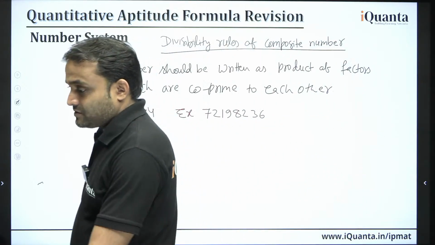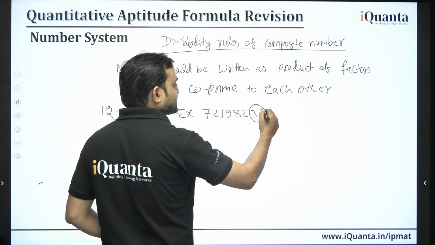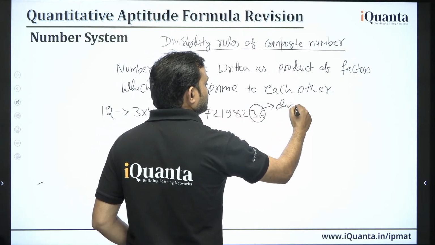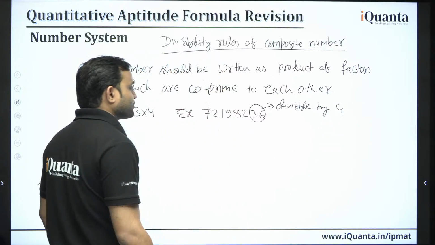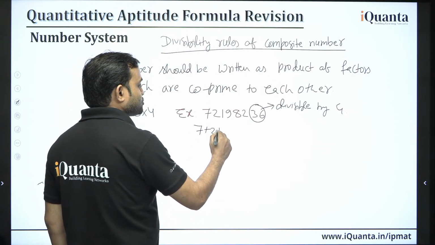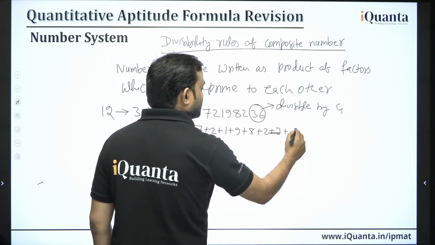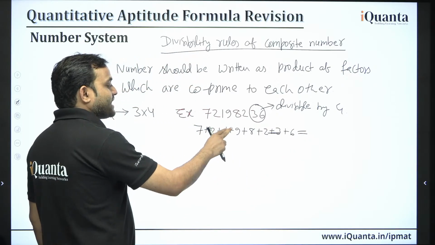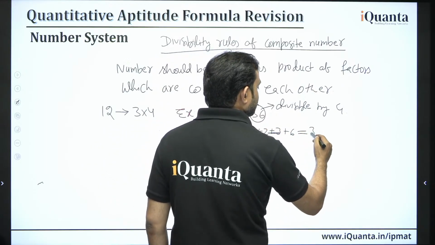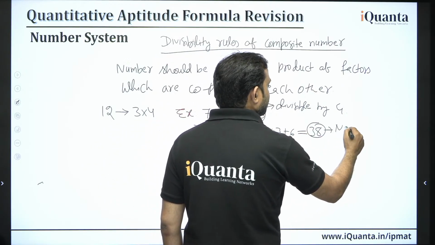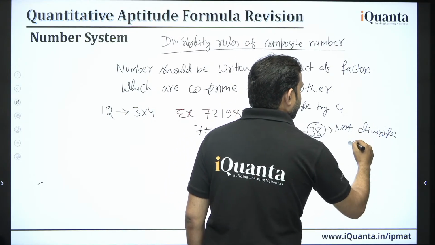No, it's not divisible, right? Because the last two digits are 36, this is divisible by 4. But if you take the sum, 7 plus 2 plus 1 plus 9 plus 8 plus 2 plus 3 plus 6, which is equal to 9 plus 10, 19 plus 10, 29 plus 3, 32 plus 6, 38. 38 is not divisible by 3.